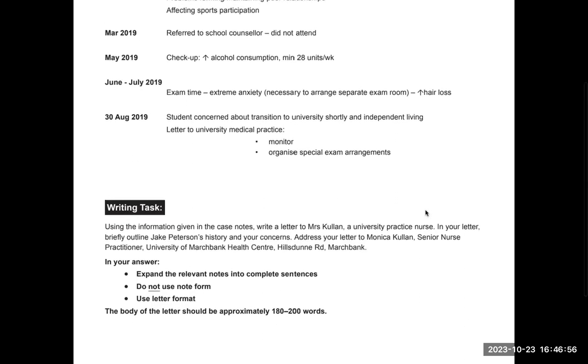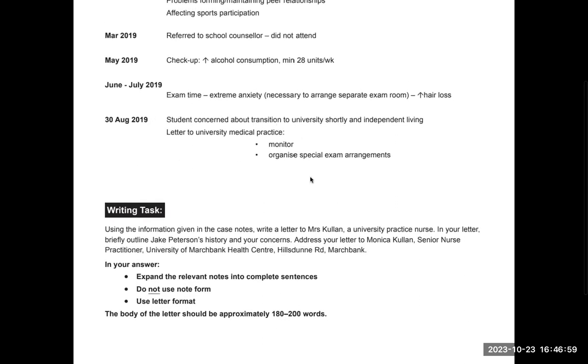The second thing I read is why I am writing the letter. So this is the purpose. Student concerned about transition to university shortly means he must be completing his school and he is in the transition phase where he will be joining the university shortly, and independent living. So he is concerned about joining the university, which is in a very short time, and he is concerned about independent living.